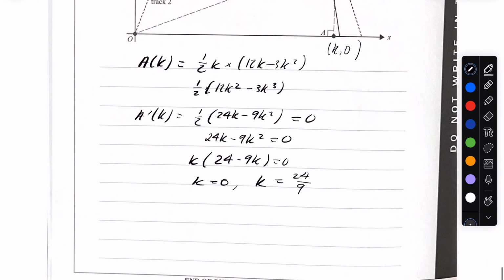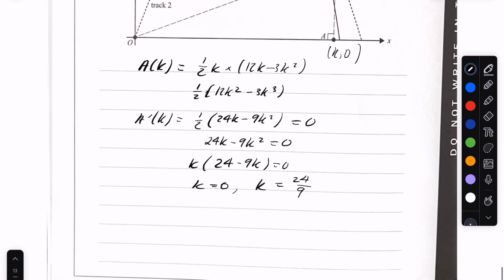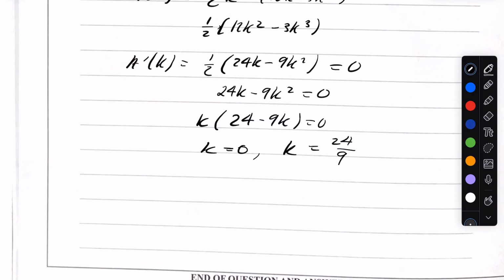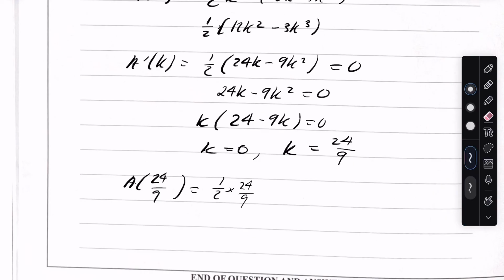And it's saying find the maximum area, so you have to sub that back into A of k, which is a bit annoying to sub in, but A of 24 on 9 is equal to 1/2 times 24 on 9, which is 12 on 9, and that simplifies, I believe, to 4/3.